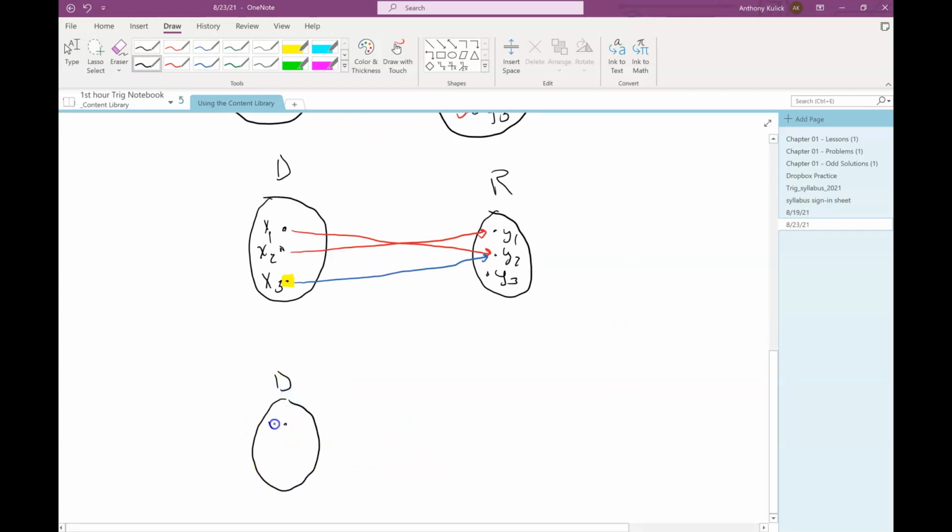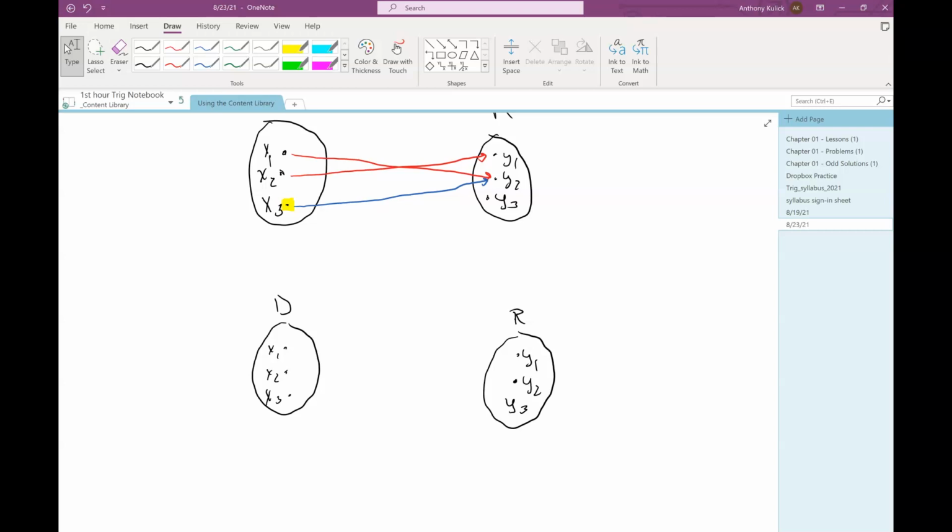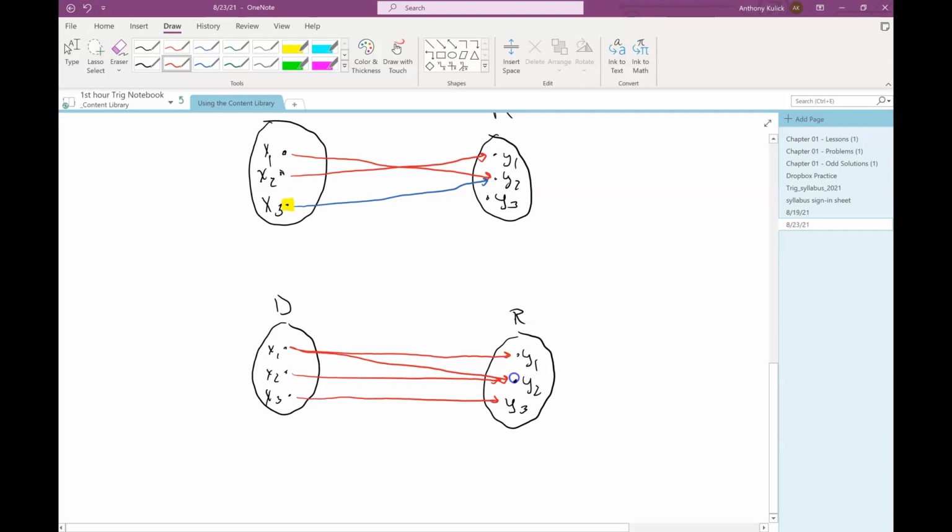Again, this was stuff that we should have hit pretty hard last year, and the second time around tends not to be too difficult. So again, we'll just draw the same kind of drawing. And let's say that we have this one.